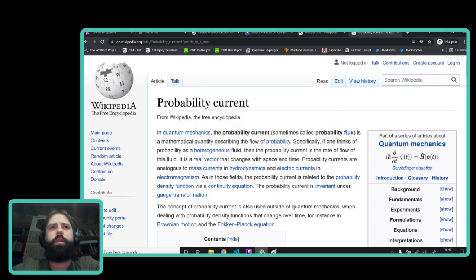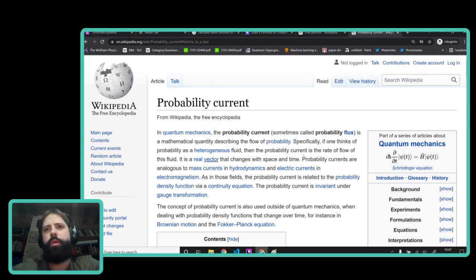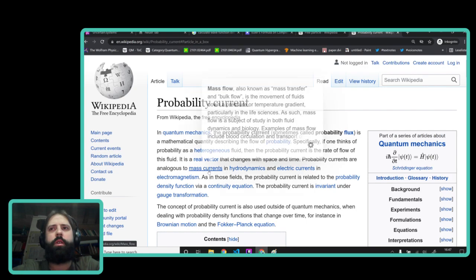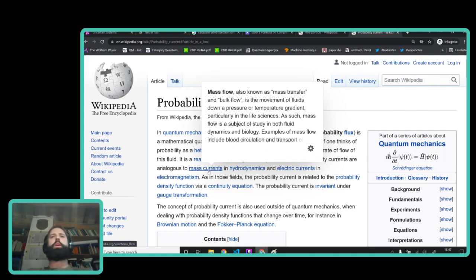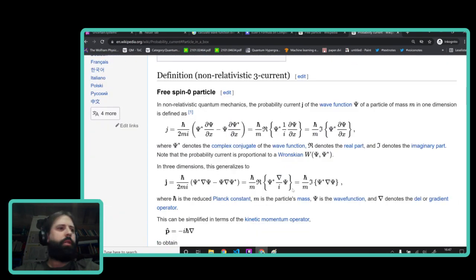Probability flux, the rate of flow. We don't know what flow is though. Then the probability current is the rate of flow of this fluid, so the probability currents are analogous to mass currents. Mass transfer, bulk flow, is the movement of fluids down a pressure or temperature gradient, particularly in life sciences. Okay, I don't know exactly. I think I'm getting an idea, but I don't know.